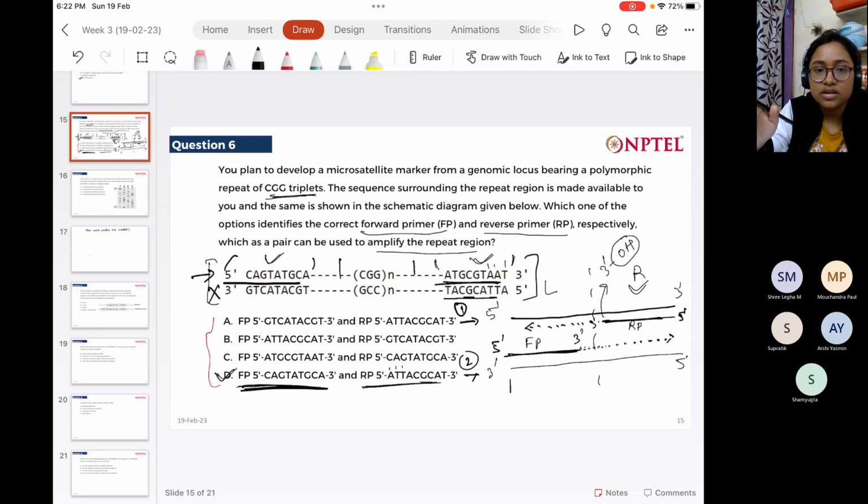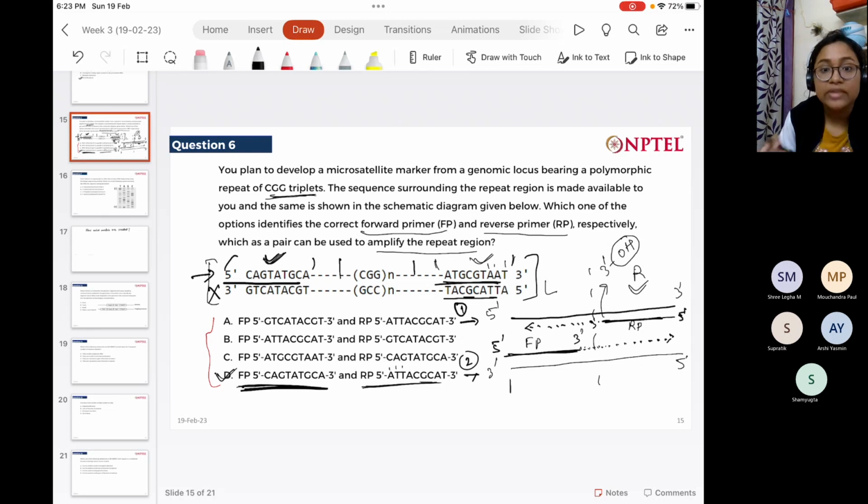Just think that there are two strands of the DNA, right? One is from 5' to 3', another is from 3' to 5', and you are asked to design a forward primer and reverse primer. As I told you in this figure, the sequence of the forward primer will be exactly the same as the 5' end sequence of, say, the first strand, because of which this forward primer can complementarily bind with the sequence running from 3' to 5'.